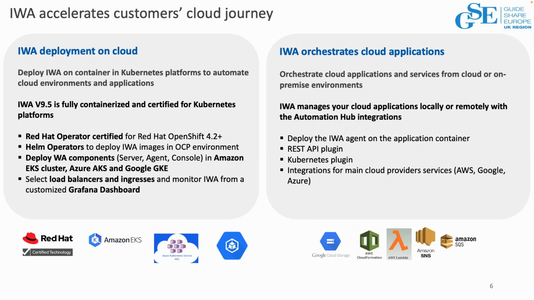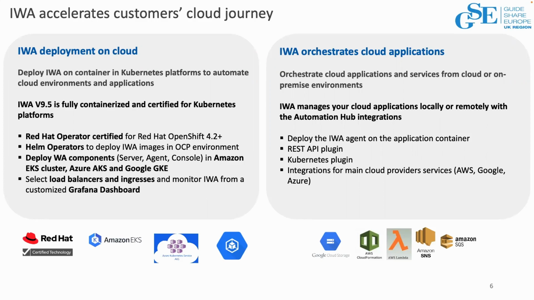And in particular, there is a generic REST API plugin that is able to manage any application that provides REST APIs, a Kubernetes plugin for all containerized applications. And besides that, we have a bunch of direct integrations with some cloud provider services, in particular for AWS, Google, and Azure.